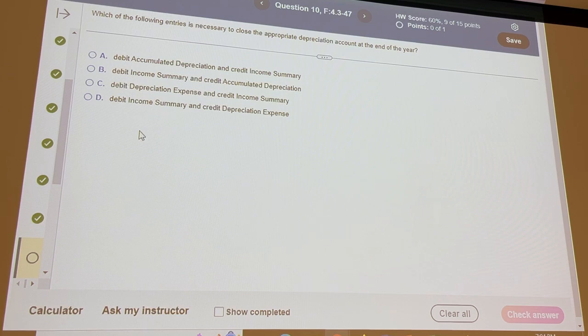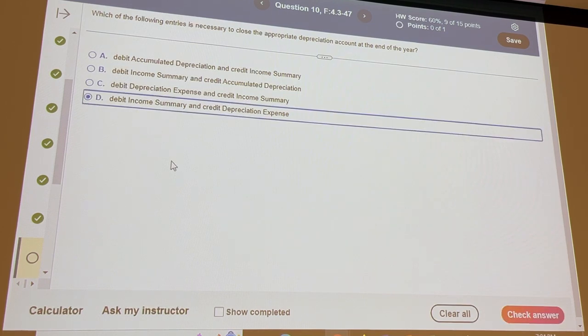Well, the account you'd close would be depreciation expense, it would not be accumulated depreciation. And an expense account normally has a debit balance, so you would close depreciation expense by crediting it, so the correct answer would seem to be D, you would debit income summary and you would credit depreciation expense.